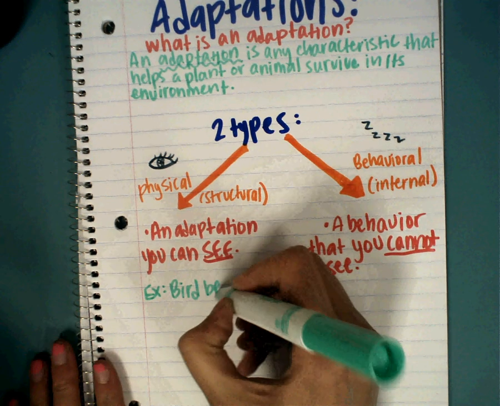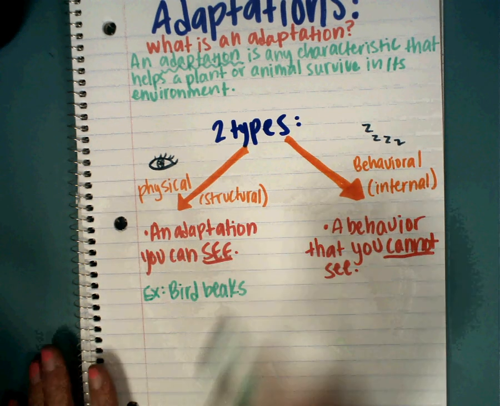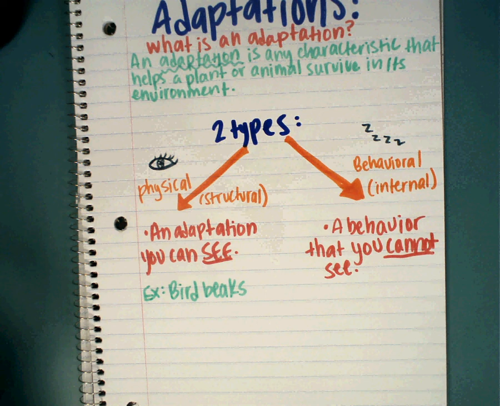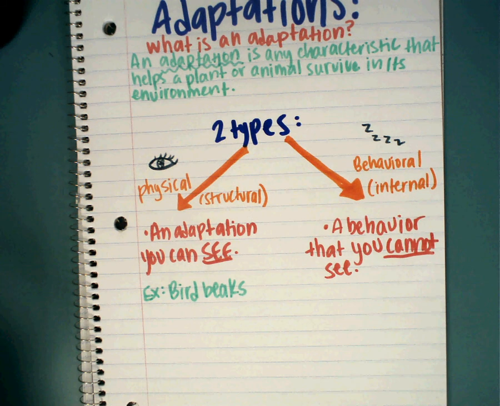Have you ever stopped to think about how different bird beaks are? So, some beaks, like a hawk's beak, is sharp and curved because it needs to go eat some animals, right? It needs to tear them up. But a hummingbird's beak is long and skinny, and it helps it reach into flowers and suck up the nectar, right?